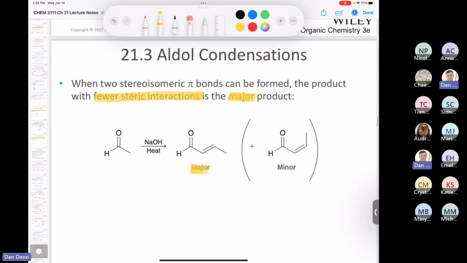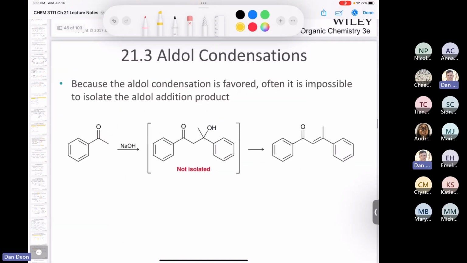Now let's talk about these aldol condensations a little bit more. I'm going to show you some really cool nuances with these reactions. It says here that because the aldol condensation is favored, sometimes you can't even isolate the aldol, even if you wanted to. So if you were to take this compound, which you know the name of, right? This is acetophenone, and you treat that with sodium hydroxide, and you can see there's no heat here.